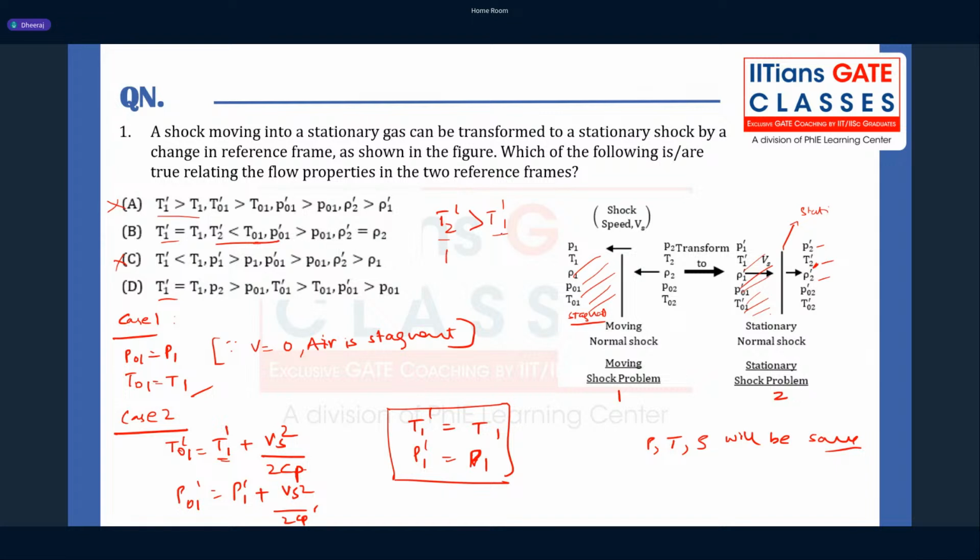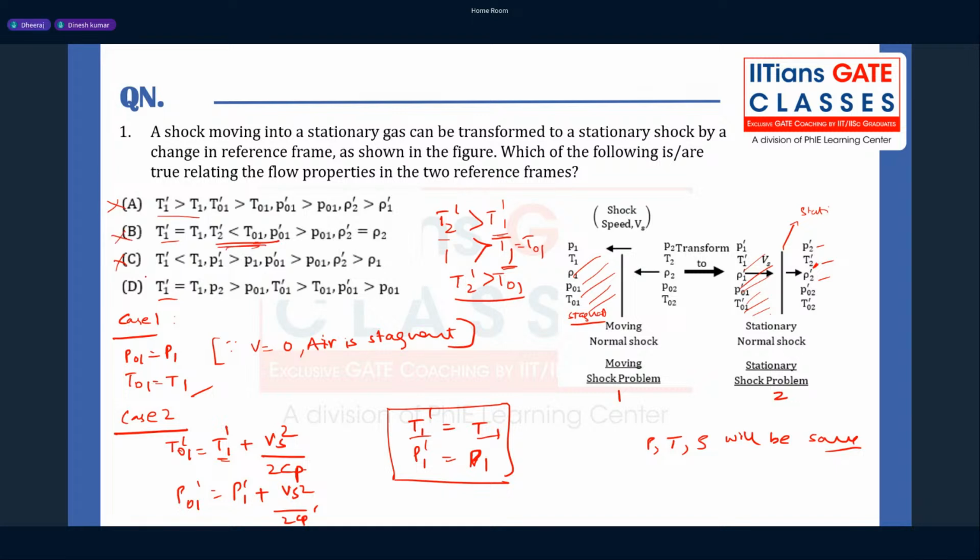And here we have seen that my T1 dash is nothing but T1. So it will be greater than T1. And since in this part of my flow my air is stagnant, this T1 is nothing but my T naught 1, right? So T2 dash will be greater than T naught 1 and not less than T naught 1.